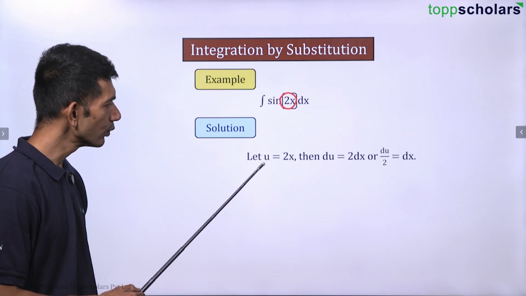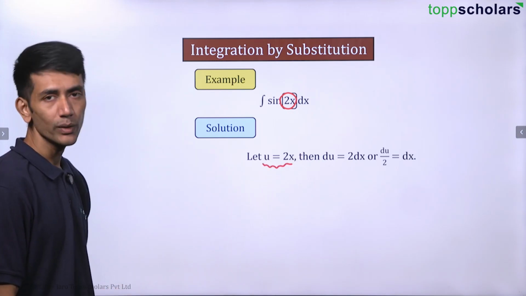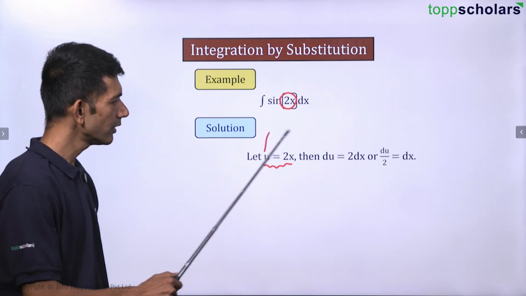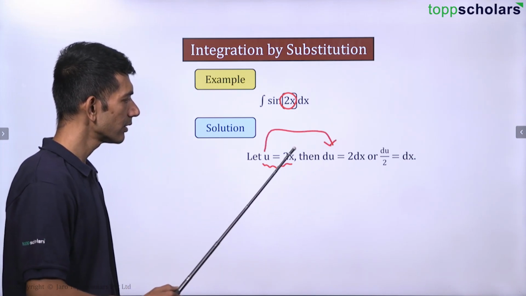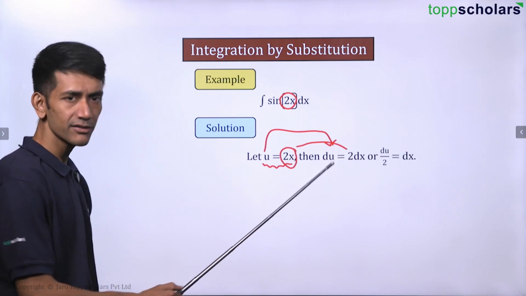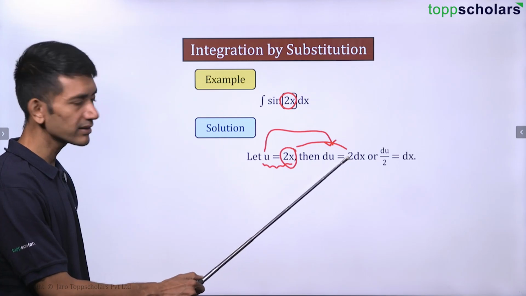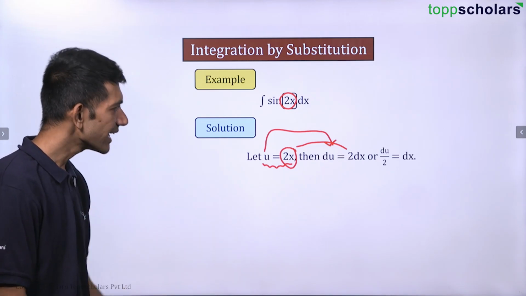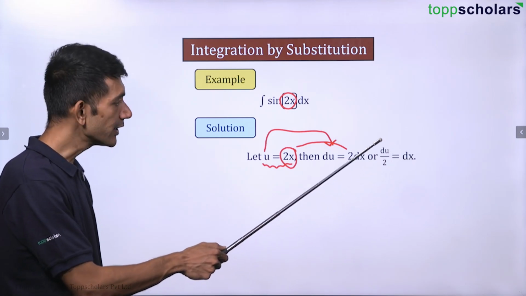So let u be 2x. Now if I differentiate both sides with respect to x, du by dx, derivative of 2x is 2. So du by dx is 2. If I take dx on the other side, du becomes 2 dx. Indirectly, dx becomes du by 2.